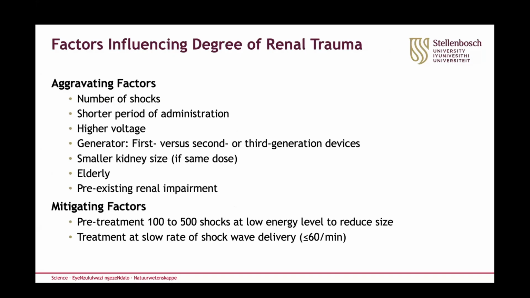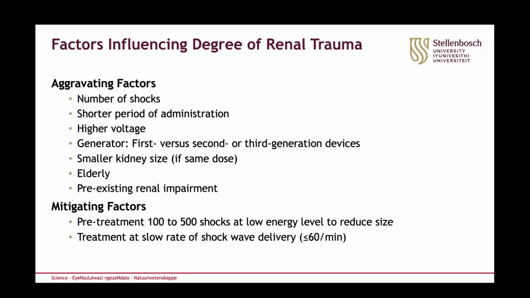Looking at factors influencing the degree of renal trauma, your aggravating factors will include the number of shocks applied, the short duration for the administration of these shocks, and if a high voltage was used. First generation devices tend to be more aggressive, leading to these renal traumas.